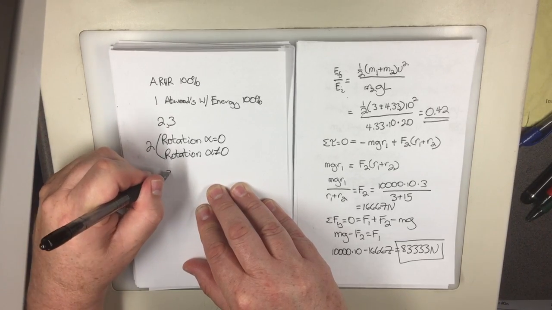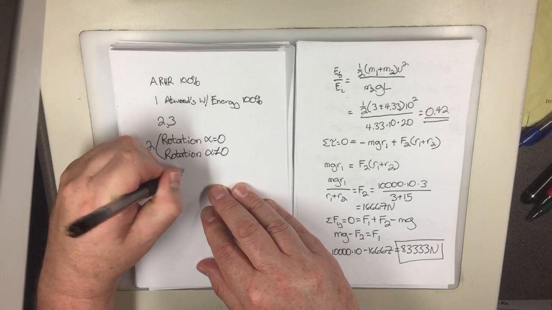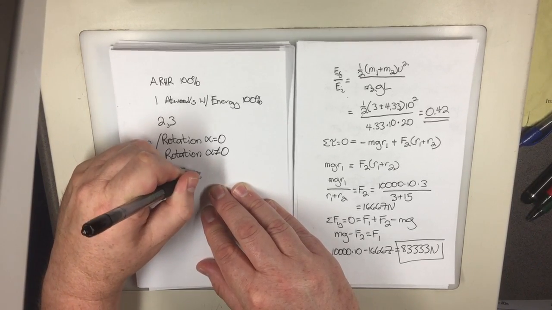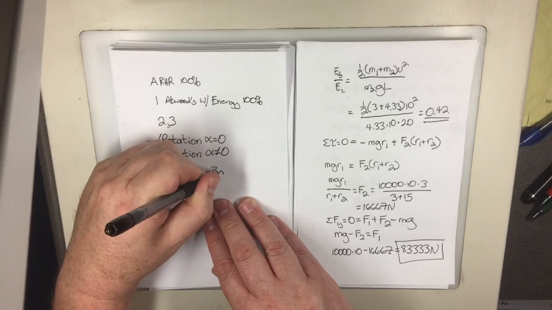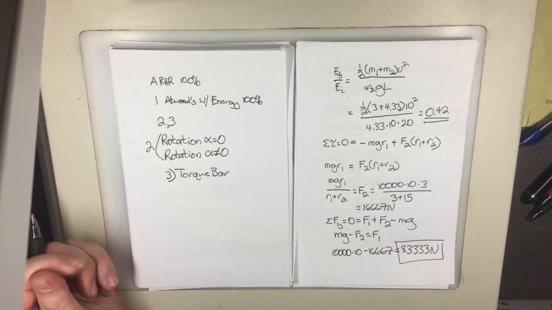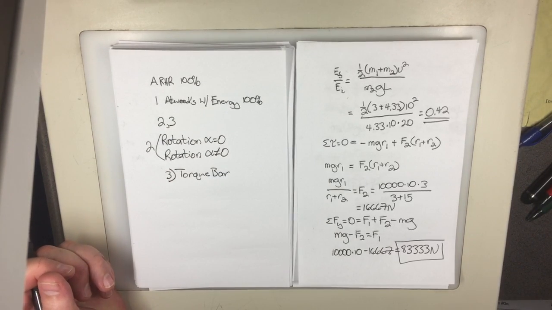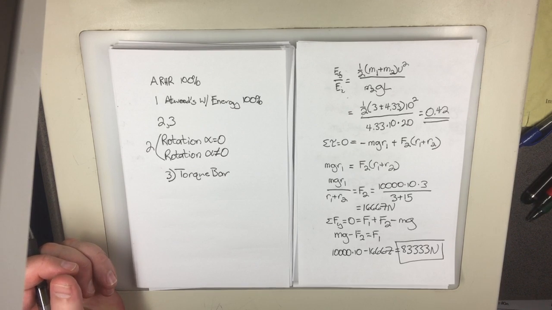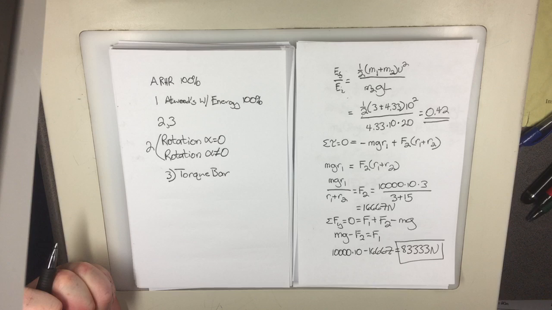For problem 3, the torque bar is just so darn good, which means to a lesser extent, a far less extent, would be collision. But I think with Atwood's with energy, rotation, alpha equaling 0 or alpha not equaling 0, that's the one I think I'm really going to have fun with.